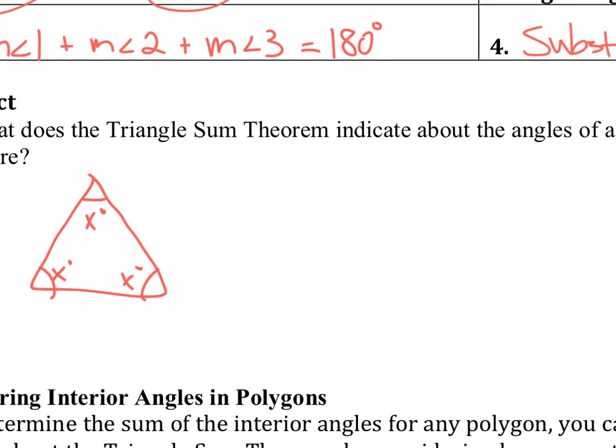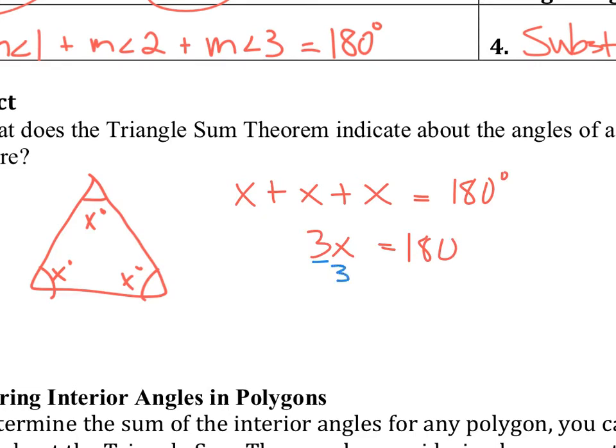Well, again, if all three angles, x plus x plus x, has to add up to, you guessed it, 180. And 3x has to equal 180. Divide by 3. And so x must be 60 degrees.